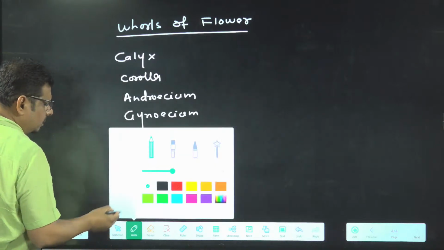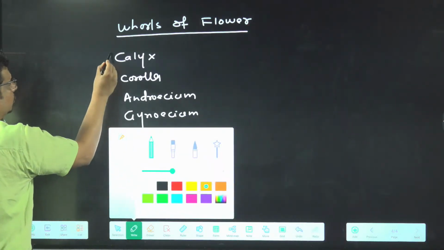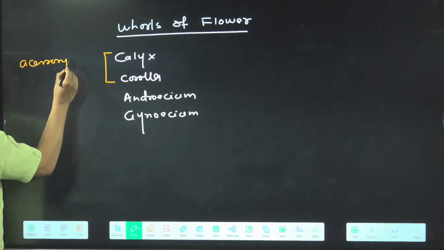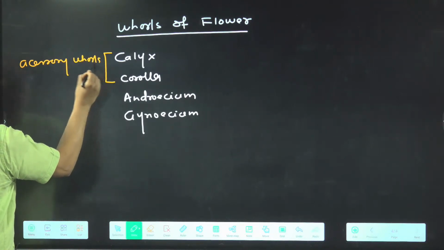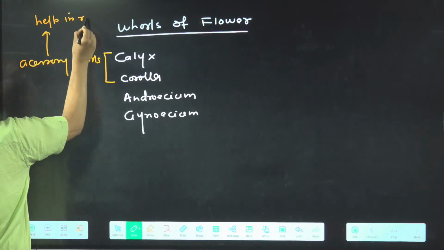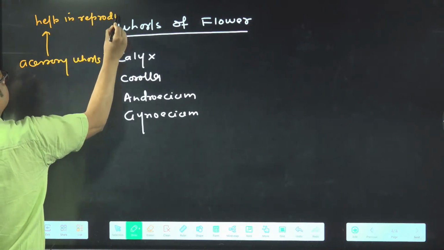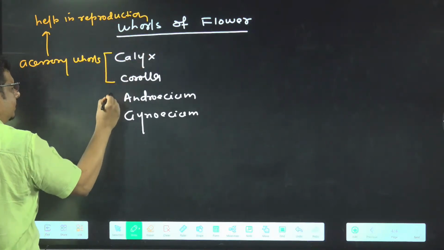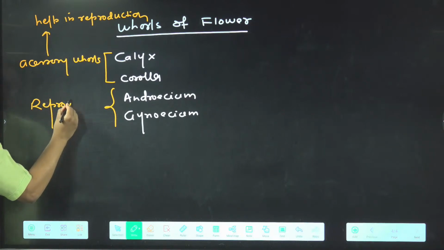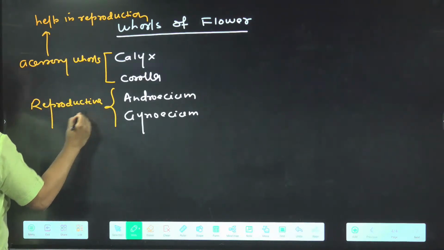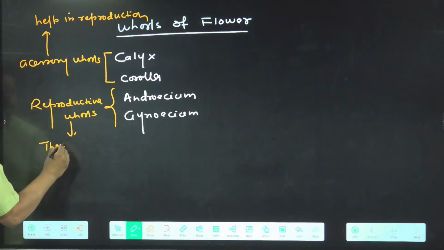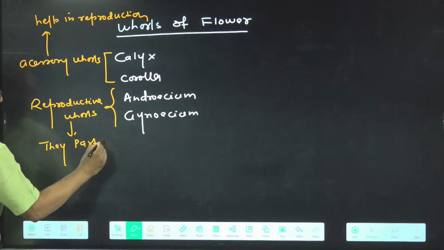Calyx and corolla are called accessory whorls. These accessory whorls help in reproduction. And androecium and gynoecium are called reproductive whorls. These whorls participate in reproduction.